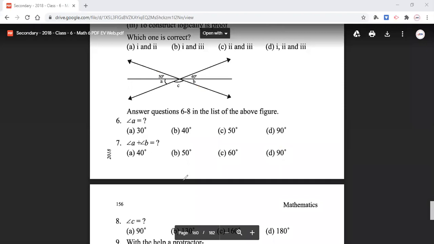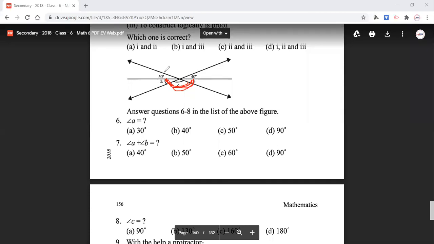That is, in every straight line, 180 degrees lie. So, angle A plus angle C plus angle B: if we join the three angles, we will get a straight angle. This is a straight angle because it is a straight line. So the sum of the 3, A, B and C, is equal to 180.